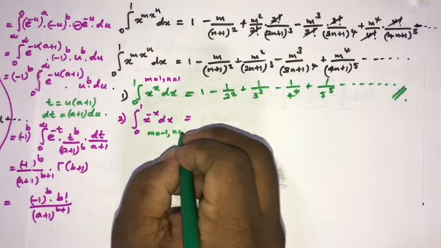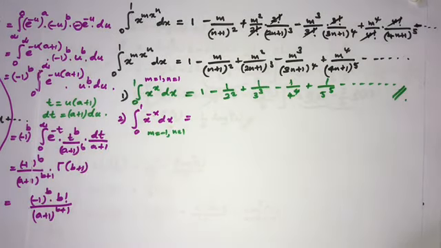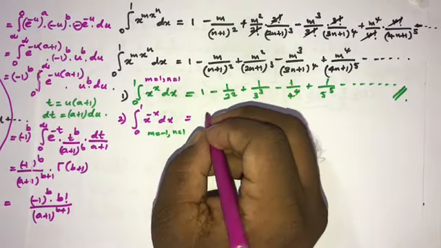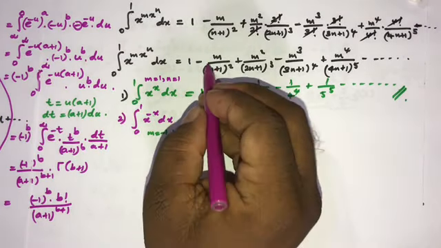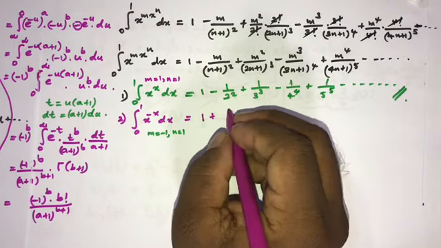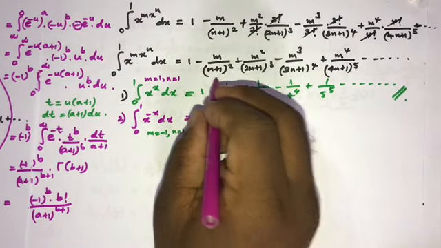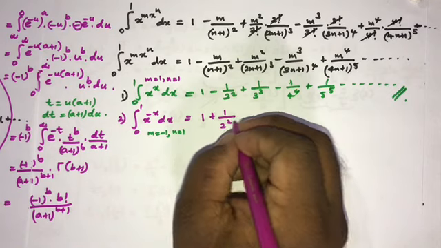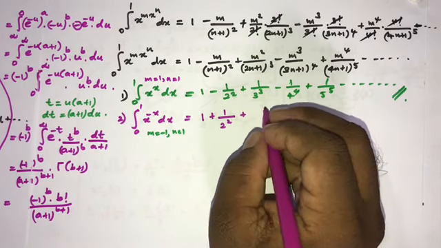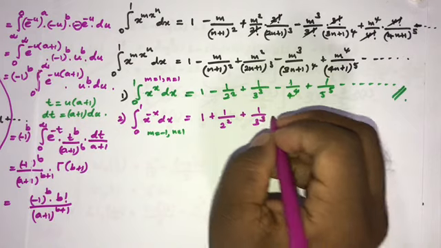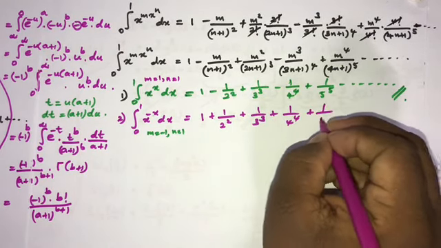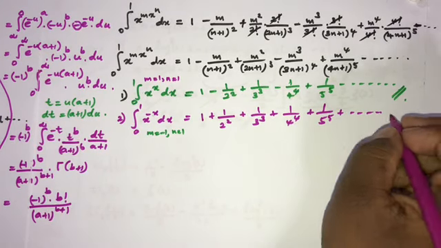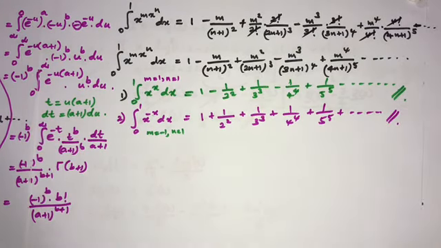Therefore we can plug in here: 1, then m is equal to minus 1, so this becomes plus 1 over 2 squared, again plus 1 over 3 raised to the 3rd power, plus 1 over 4 to the 4th power, plus and so on. This is the answer for the second integral, x raised to the minus x.